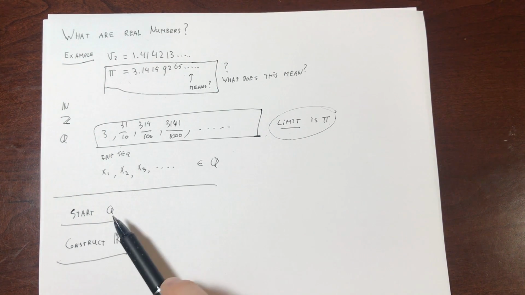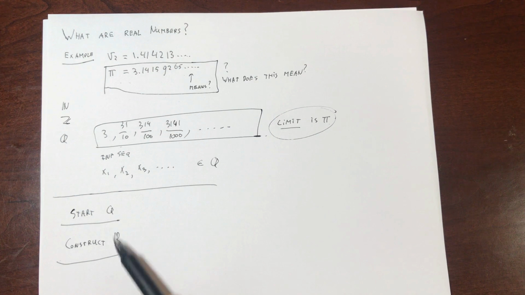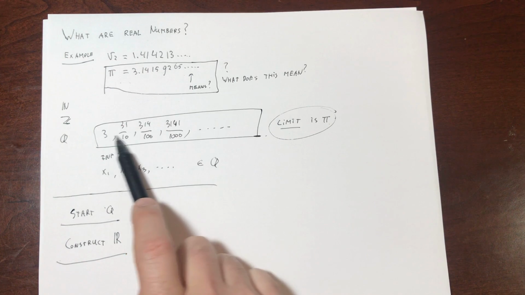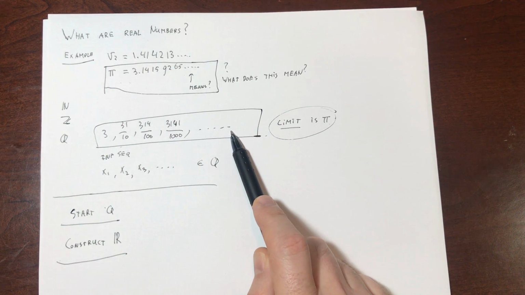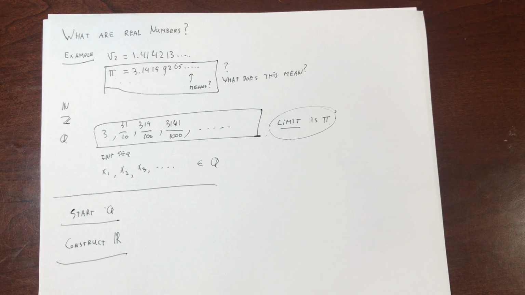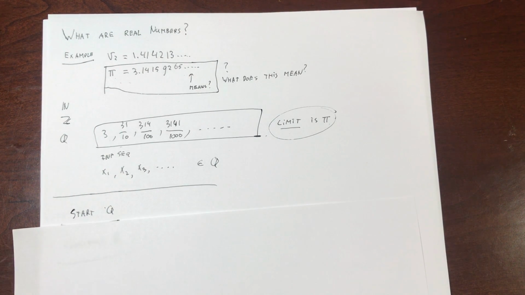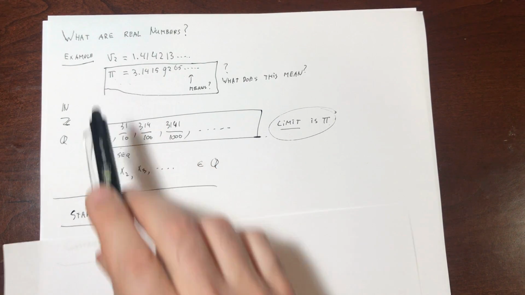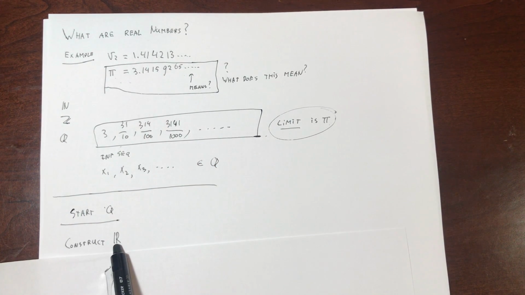So, in order to construct real numbers from rational numbers, I'm going to look again at this example, and what I see here is a sequence. Now you might say, oh wait, this sequence converges and that's the limit, but that's circular thinking, because if you say that this converges to pi, then you're already using the reals.